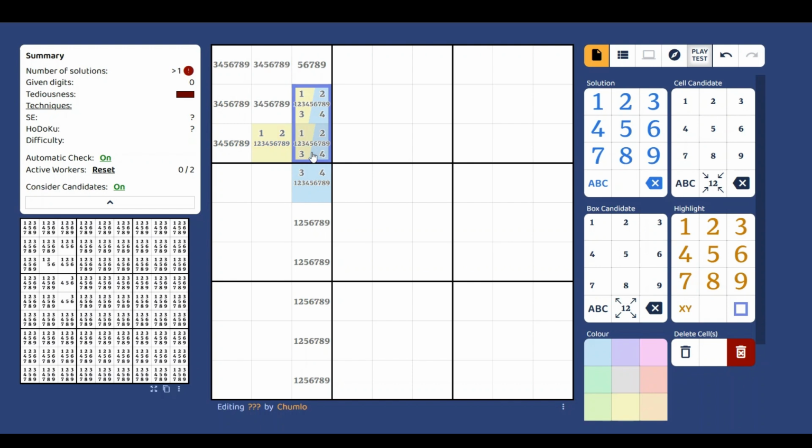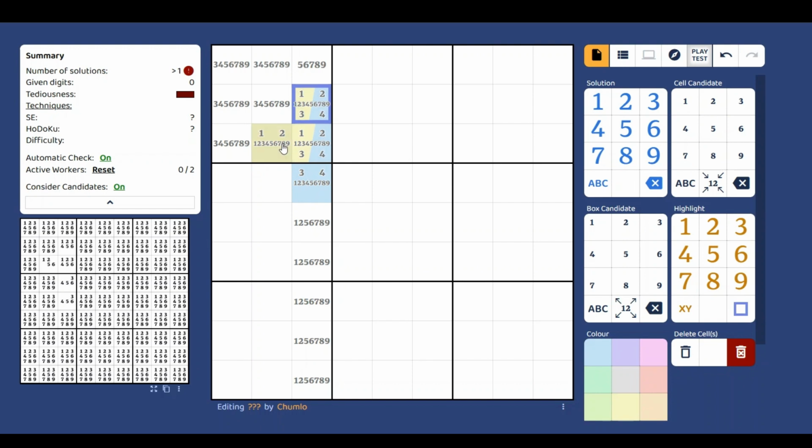And we could actually verify this with our ESP that we just talked about. Notice how we have four candidates, one, two, three, and four, and they're across four cells. So if we were to place any other candidate in one of these cells, we would be limiting four candidates to three cells, and that would result in overpacking, therefore violating our ESP and bringing us to an invalid state.